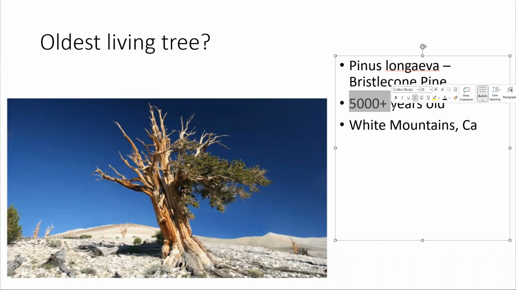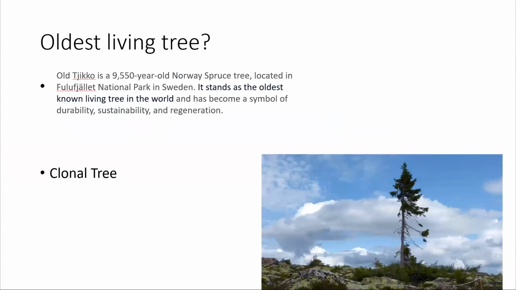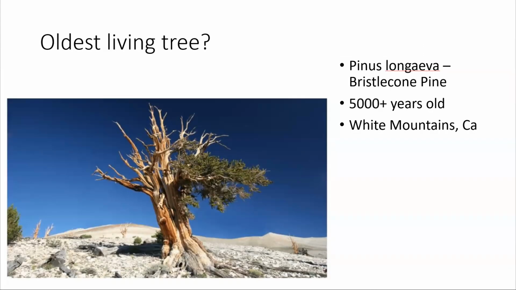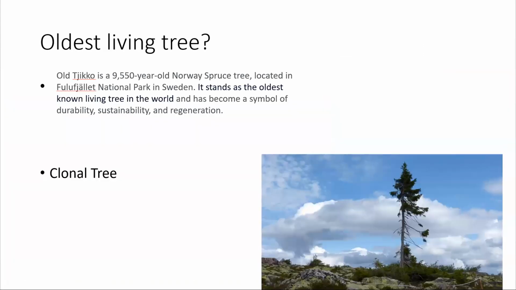And of course, I'm on a tangent, has nothing to do with roots or anything. I just wanted to make it clear that there are clonal trees. We do get adventitious roots coming off of stolons and rhizomes and other plant parts, just like the forsythia. And so then I always like to squash the fact that, yep, it's 9,550 years old, but it's just parts of this plant that have aged that long, or the original plant did.